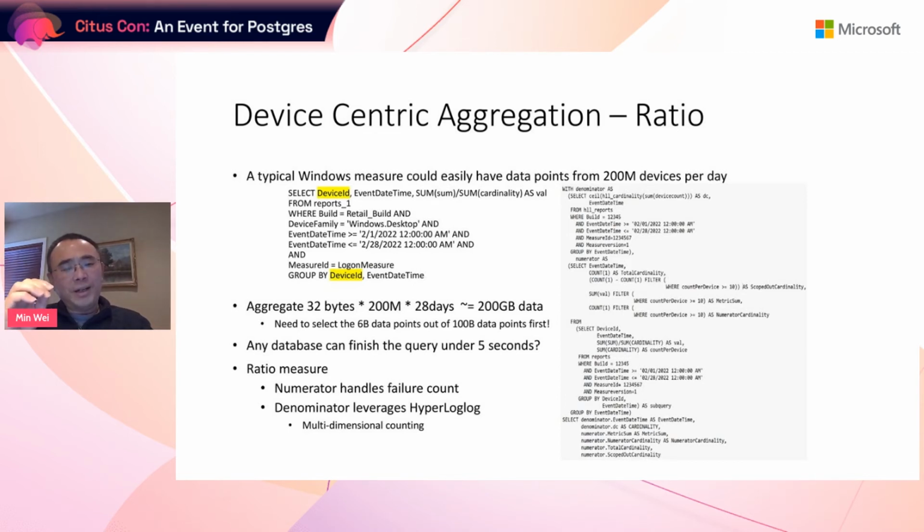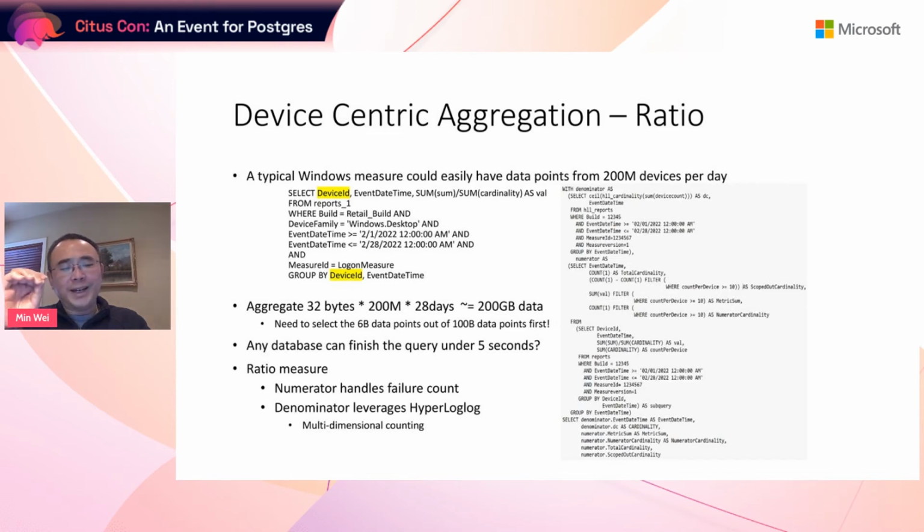So we realized there is a very unique data structure called HyperLogLog. We can use that across hundreds of millions of devices, and do the aggregate very efficiently. The trick is to use HyperLogLog to do the calculation for the denominator, and then just use a normal average calculation for the numerator, because at least for us the failures are only in the hundreds of thousands per day, and we can calculate a whole month's worth.